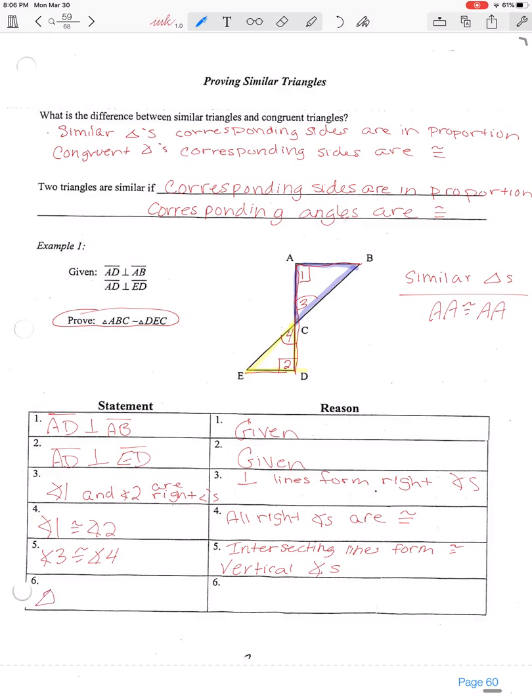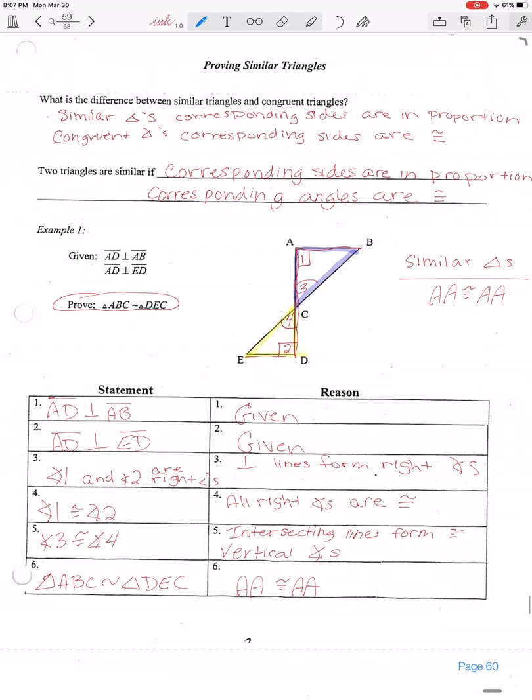So we have triangle ABC similar to triangle DEC, and that would be because of angle. Now, it's important to know when we are proving similar triangles, we're only dealing with angles. We're never dealing with any kind of sides. Angles only is where we're going to focus.